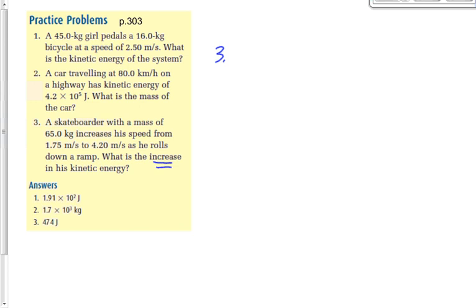If my mass changed over Christmas when I was eating junk food like crazy, from 68 kilograms to 71 kilograms, then my increase in mass would be 3 kilograms. My delta m, my change in mass, would be 3 kilograms. Here we're looking for the increase in kinetic energy, or the delta kinetic energy, the change in kinetic energy. Does that make sense?